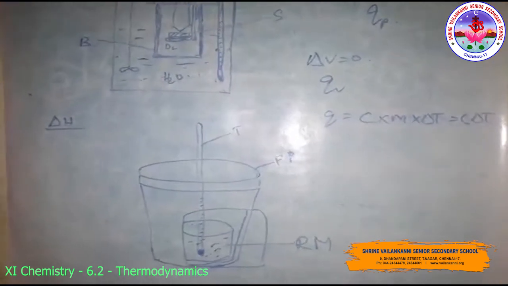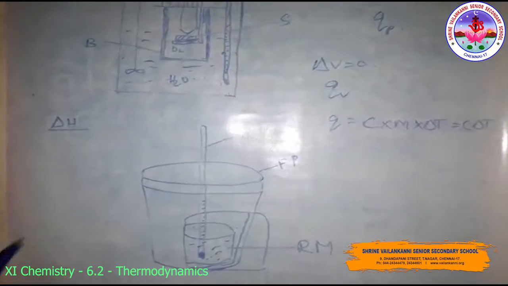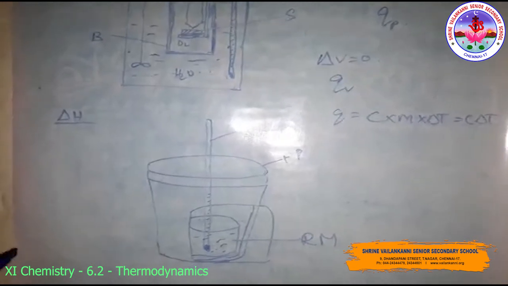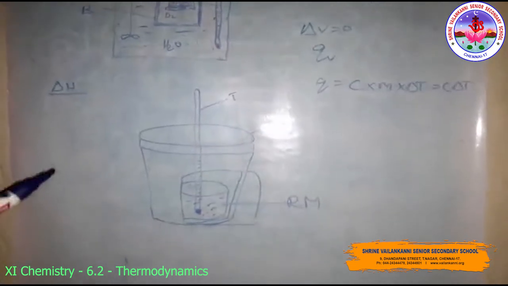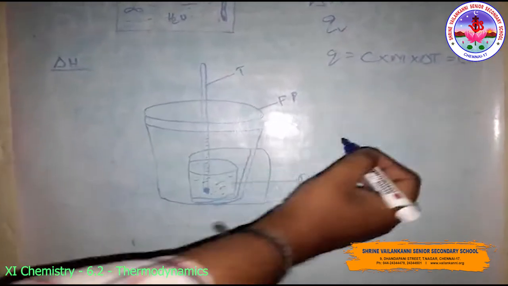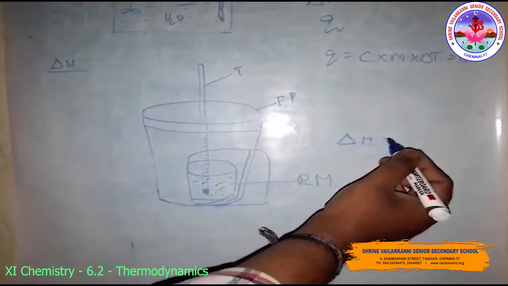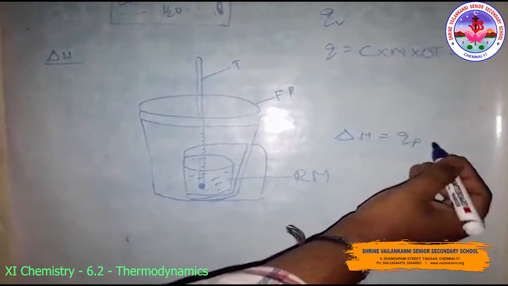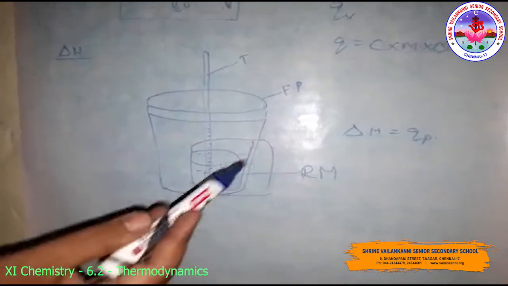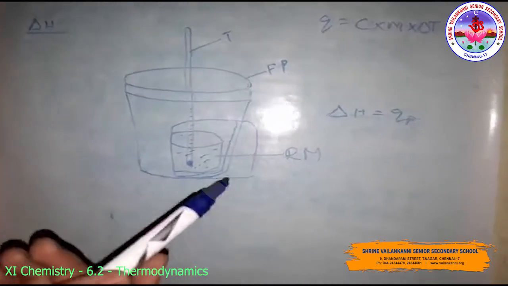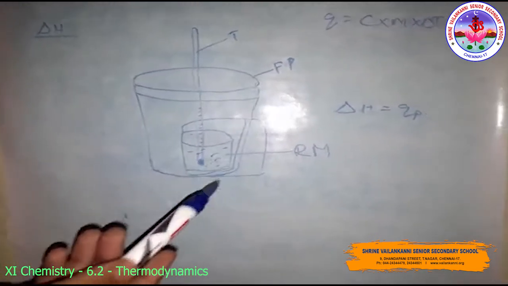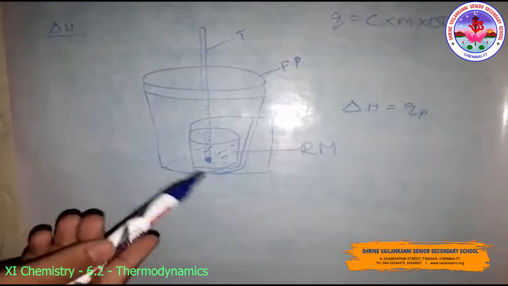Then delta H measurement. This is the measurement of heat change at constant pressure. We know that delta H is equal to QP at constant pressure, and therefore the heat is absorbed or evolved. The QP at constant pressure is also called the heat of the reaction or the enthalpy of the reaction.